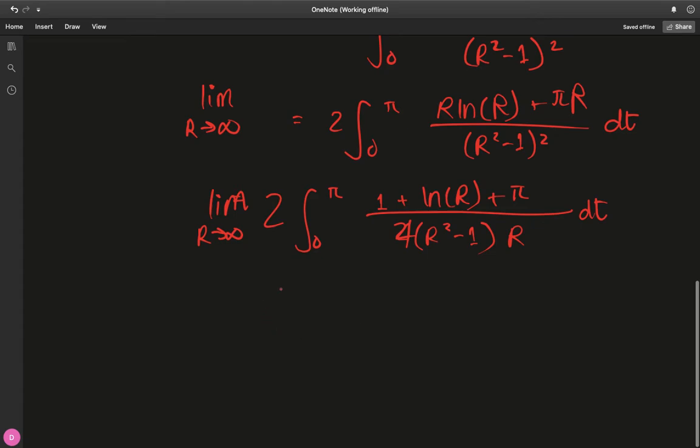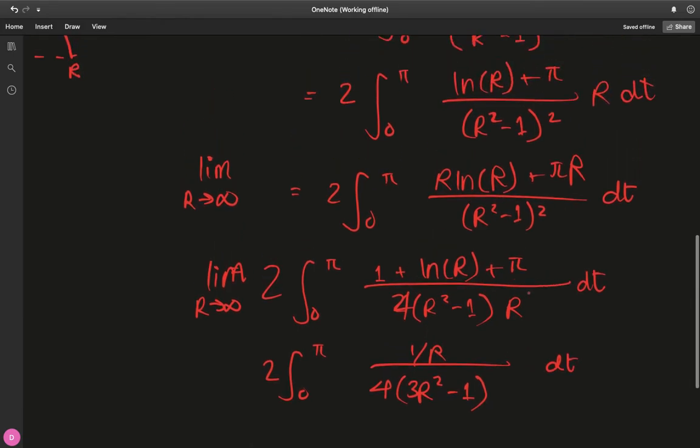And let's apply L'Hopital again, if you please. We have 2 times integral from 0 to pi of, all of these will go to 0, we have 1 over r divided by, this is 4 times r cubed minus r, so 4 times 3r squared minus 1, dt.